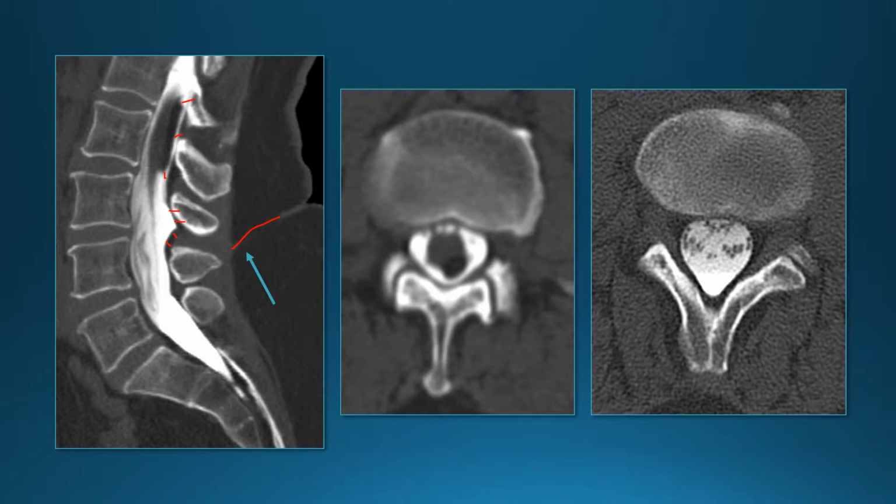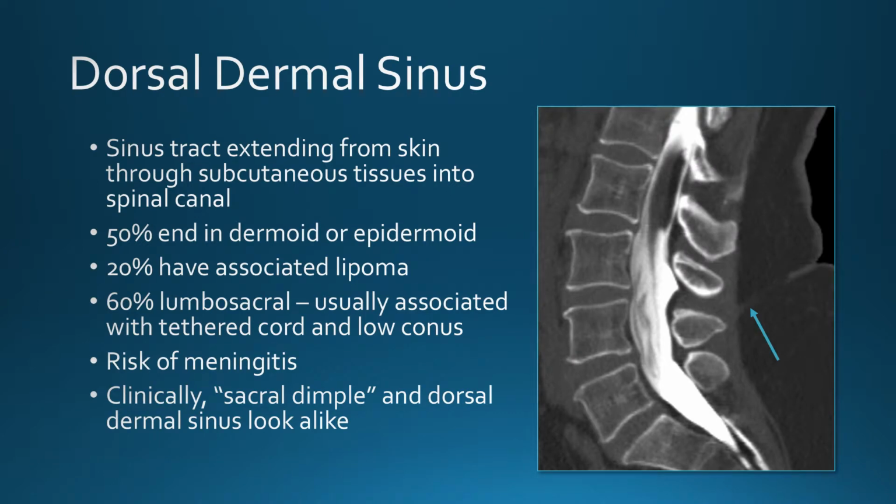Here's this lipoma attached to the spinal cord, and here you can see where the thecal sac has this pointed appearance at L3-4. And this is a patient with a dorsal dermal sinus.